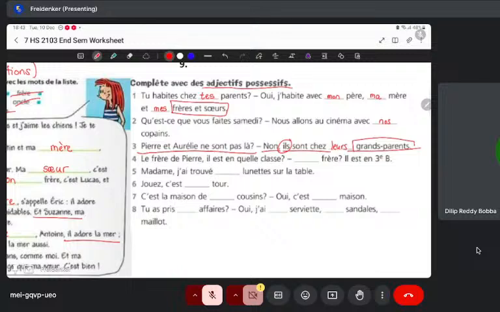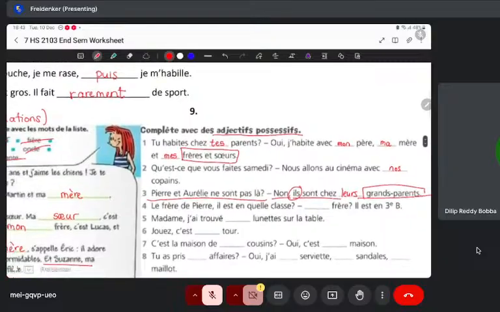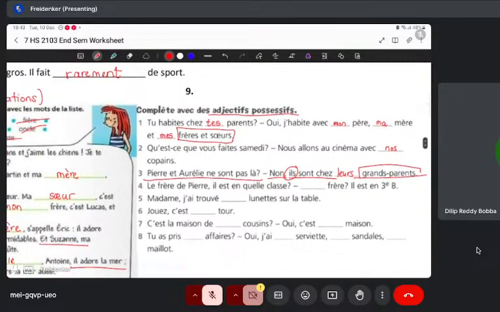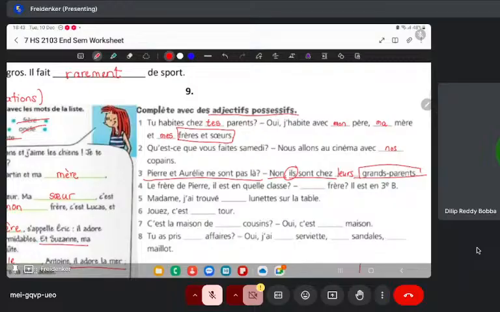Le frère de Pierre, so Pierre's brother, il est en quelle classe? So he's in which class? So Pierre's brother, he is in which class? So what is the natural response? His brother, he is in third B. So you have to say his brother. So Pierre's brother, he's in which class? Or in which class is Pierre's brother in? So his brother. So how do you say his brother? Now he means his brother, means you have to say who is the owner? He is the owner.